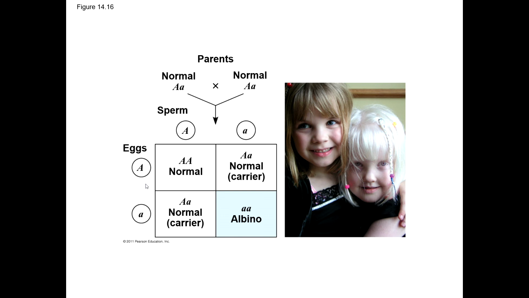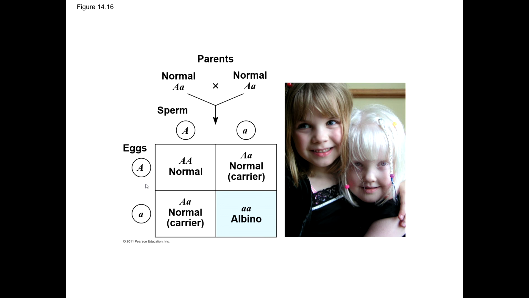And so when you set up, you can have homozygous dominant, heterozygous, or homozygous recessive. In this case, if they have a dominant allele, they are going to be normal. But this person's normal, but since they have a faulty allele, we call this person a carrier, and this person would be affected.